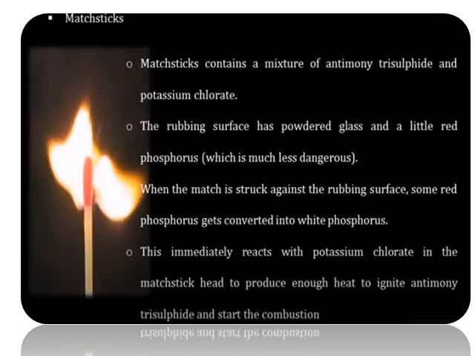When the match is struck against the rubbing surface, some red phosphorus gets converted into white phosphorus. This immediately reacts with potassium chlorate in the matchstick head to produce enough heat to ignite antimony trisulfide and thus helps in the combustion.